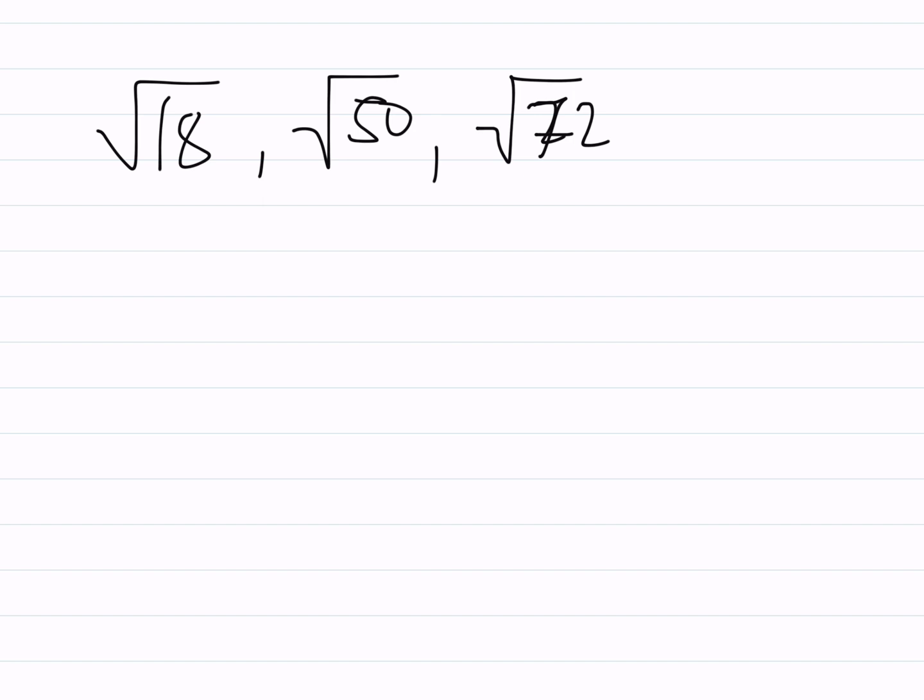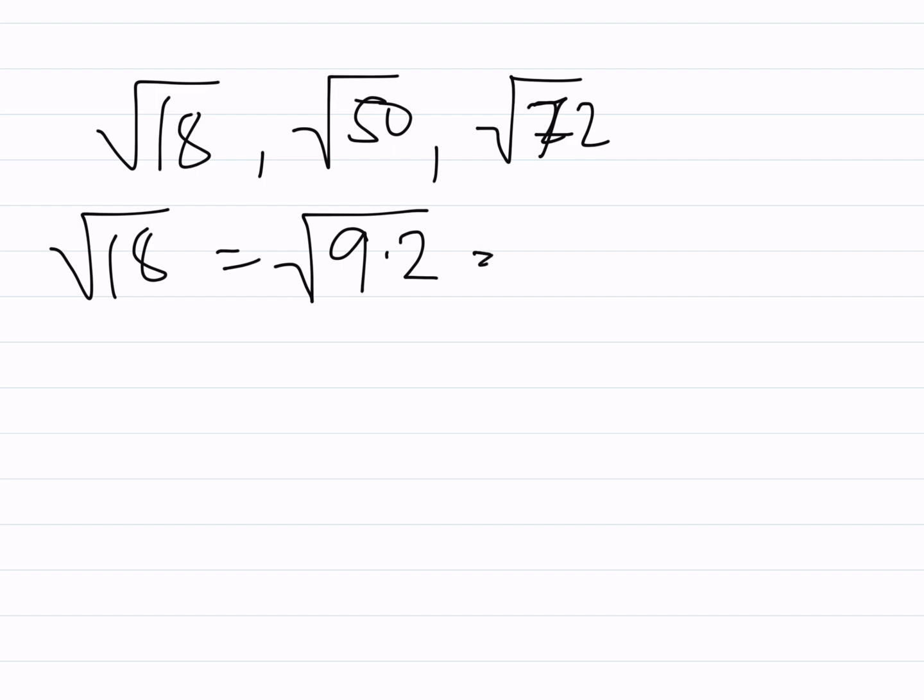So how are you going to express them so that they become like radicals? Okay, let's start with the square root of 18. What is the factor of 18 that has a perfect square? Of course, 9 times 2.